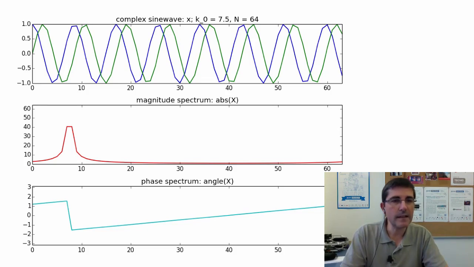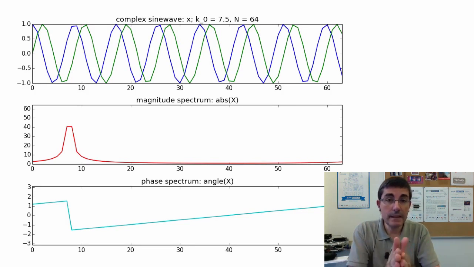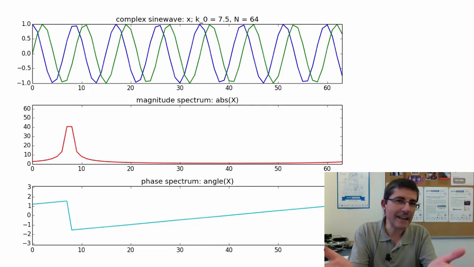The phase, let's not talk much about it here, it's not that relevant for this situation. Okay, but even this is not that real. We do not encounter complex sinusoids like these in our physical life.